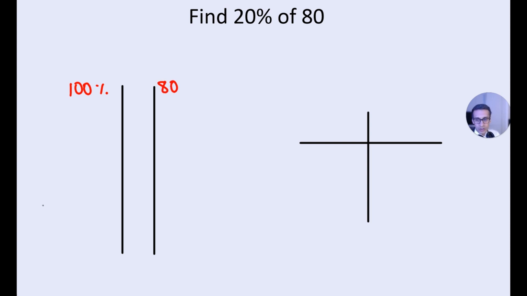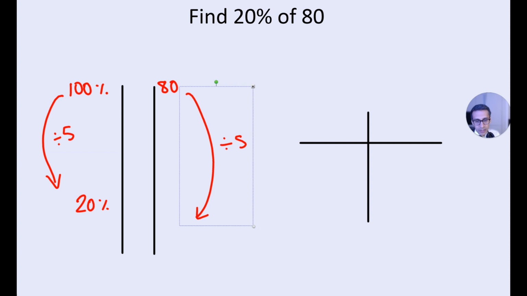Now you could straight away just work out 20%, because as you know, to work out 20%, we're going to divide by 5. So we're going to do the same thing here. We're going to divide by 5. I'm just going to make that look a bit similar in size. So 80 divided by 5, and you're going to get 16.